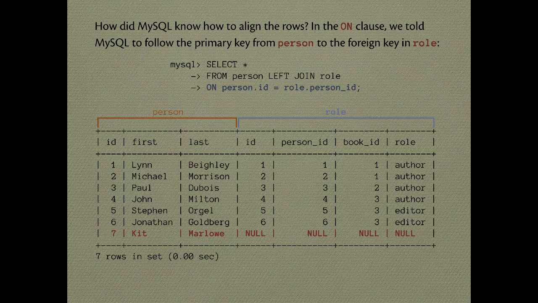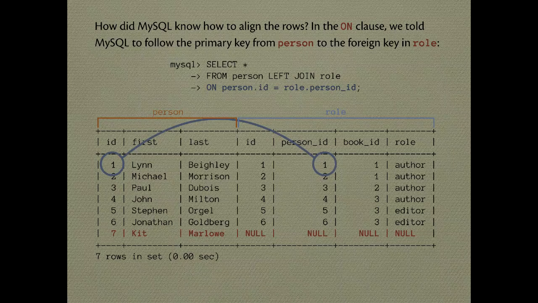Now, how did it line those up? Well, that's what we have to look for in the on clause. The on clause says match up the primary key in person to the foreign key in role. It is these 2 columns in the on clause that lines things up. Now, this is a small table, and we didn't add many people, so everything's 1, 2, 3, 4, 5, 6.